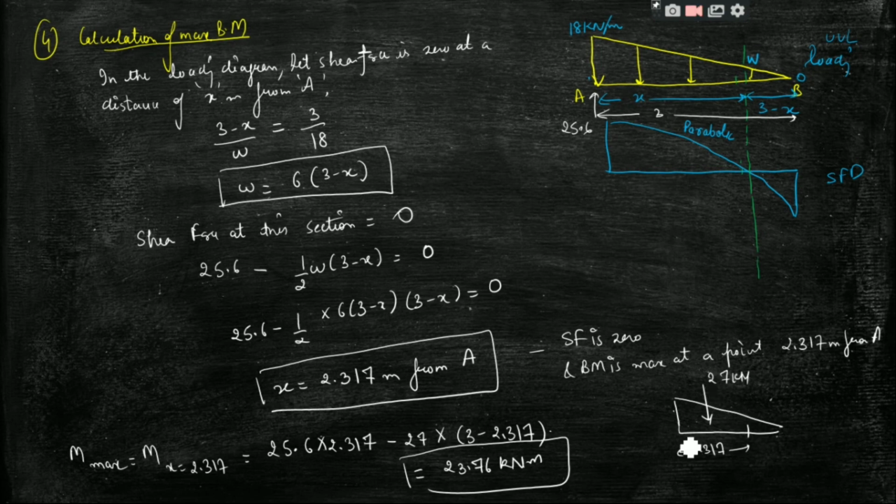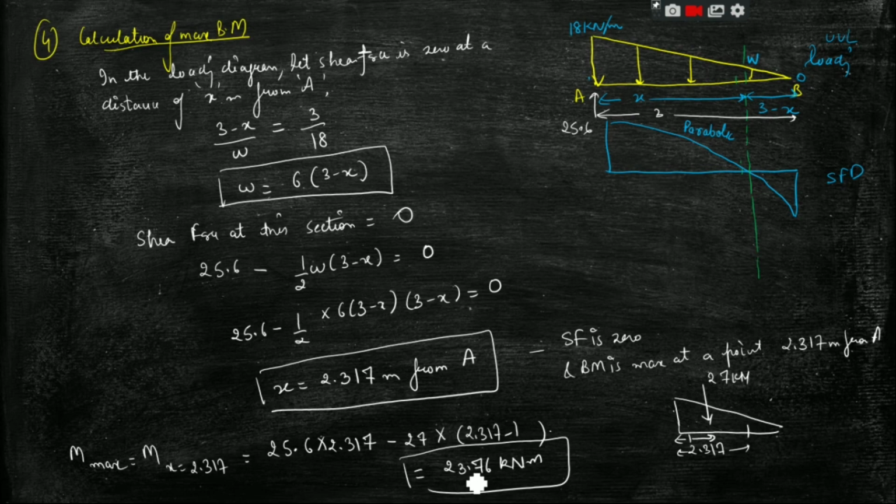Sorry, I have written here wrong. It will be 2.317 minus 1, because this distance is 1 and this is 2.317, so we have 1.317 as the distance. So this is 23.76.